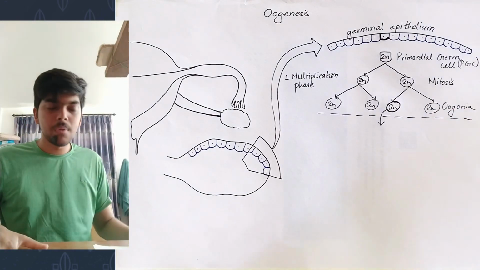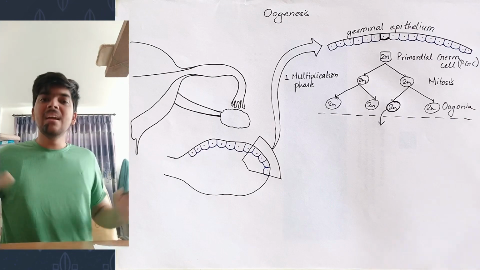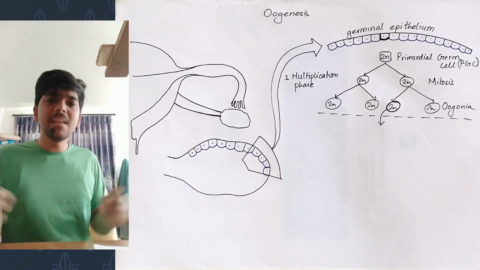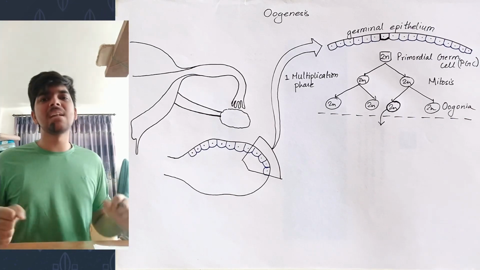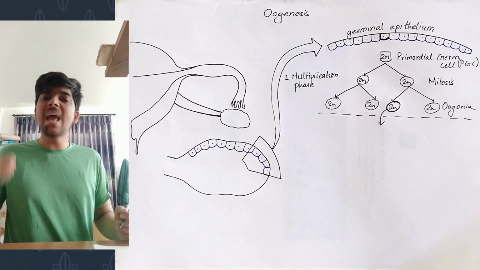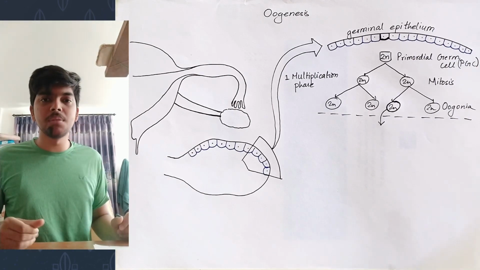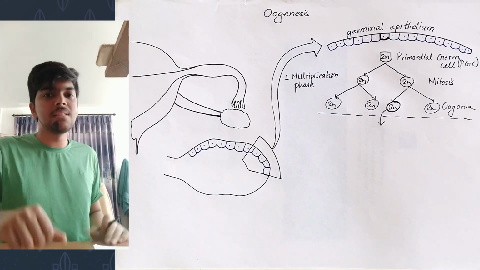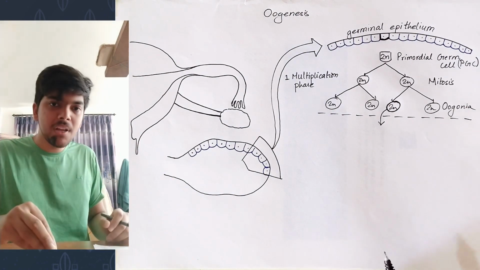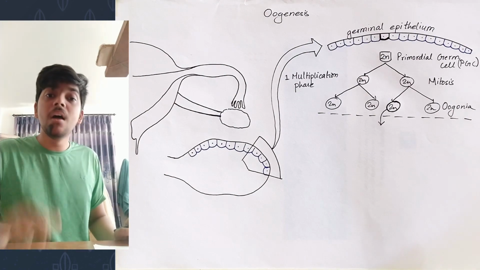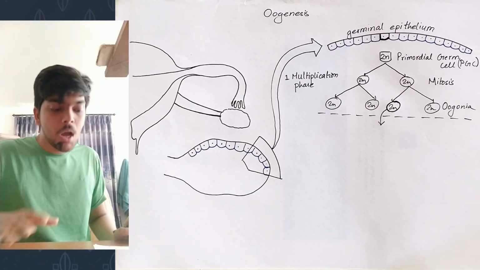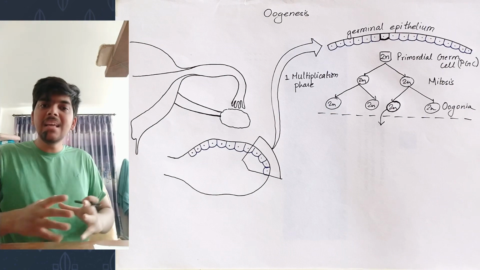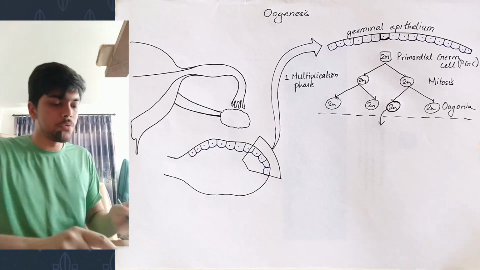In the next step, the cell simply intakes, devours, eats as much nutrition as possible. It feeds on as much nutrition as possible and grows in size. Basically, the growth of the cell occurs. The genetic material present inside the cell remains the same, but the size of the cell increases due to the intake of the nutrition.